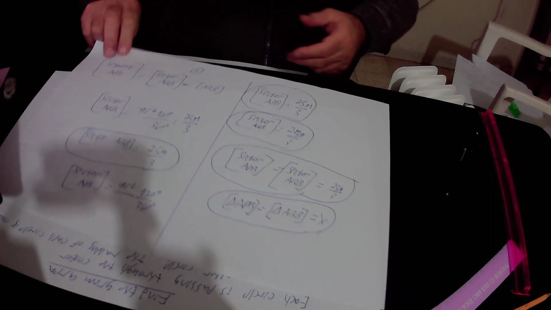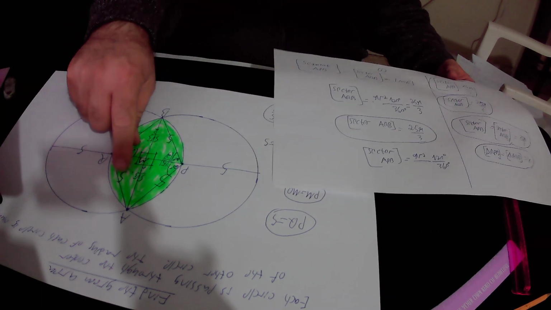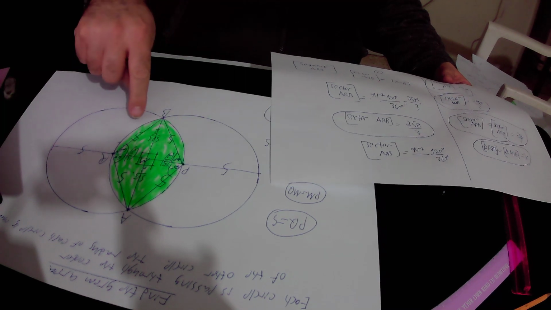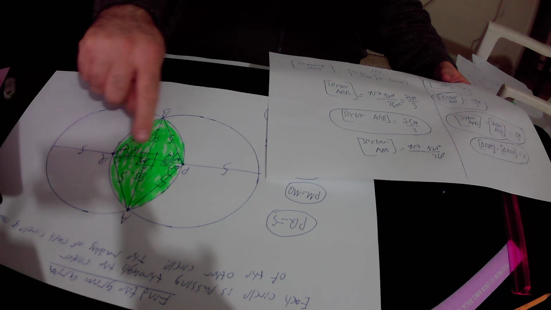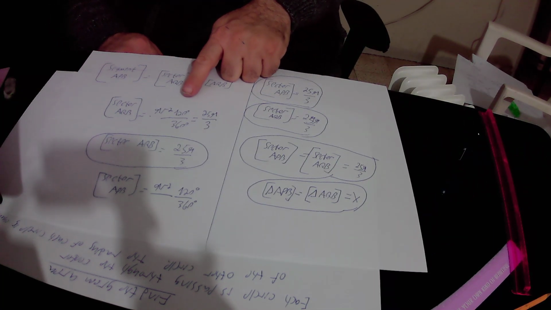So what is the area of sector AQB? The area of this sector will be equal to pi r squared times 120 degrees over 360 degrees. R equals 5, so r squared is 25.